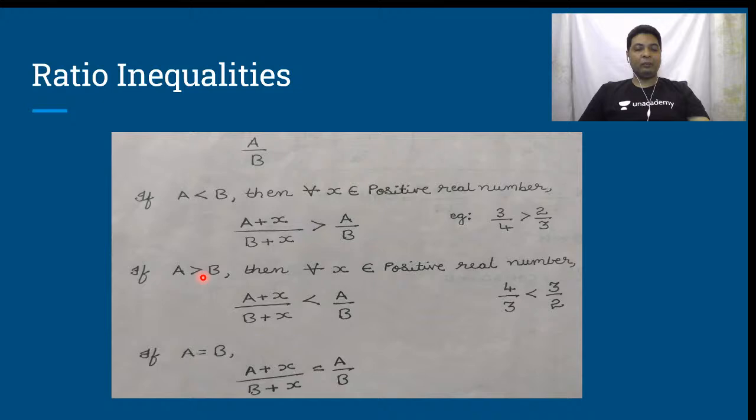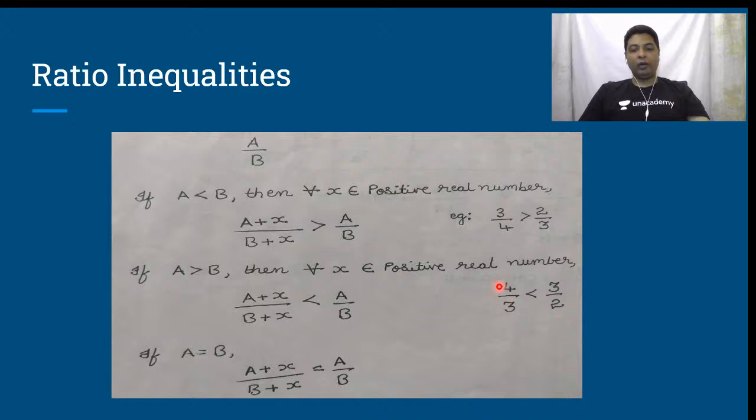If a is greater than b, then the opposite is true. If a is greater than b, that is, if we are dealing with an improper fraction, and you add a positive quantity to both the numerator and denominator, the fraction that we obtain will be less than the initial fraction. For example, take 3 by 2. What is 3 by 2? 3 by 2 is 1.5. What is 4 by 3? 1.33.